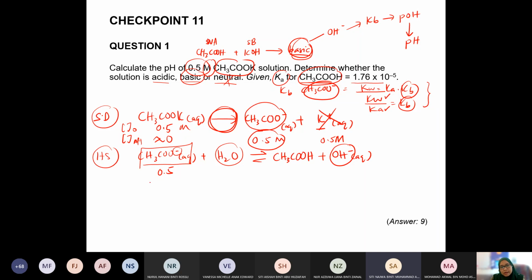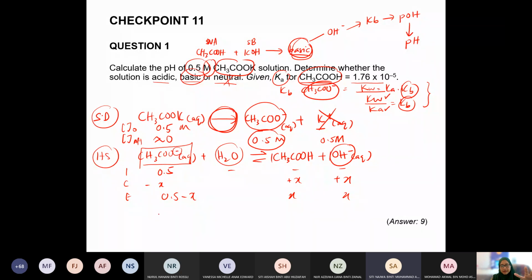Okay, 0.5 molar. If you were to use ice tables, it is very simple. Initially it is 0. After a while, it becomes -x. This one is positive x, because mostly everything is a 1:1 ratio. So from here, this is just for us to see everything in the table.